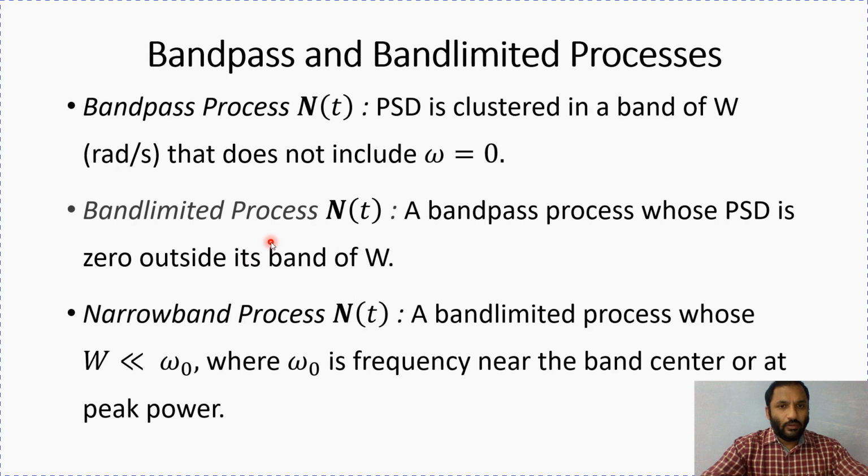But before we go further, now consider another, third kind of process. It is also a type of band limited process. However, the bandwidth of such a process is very much less than the carrier frequency omega naught, or the center frequency omega naught of each band.